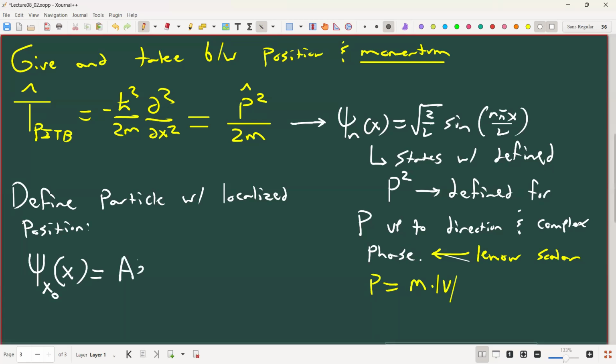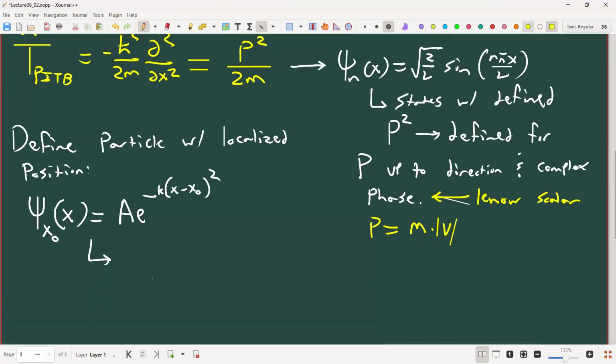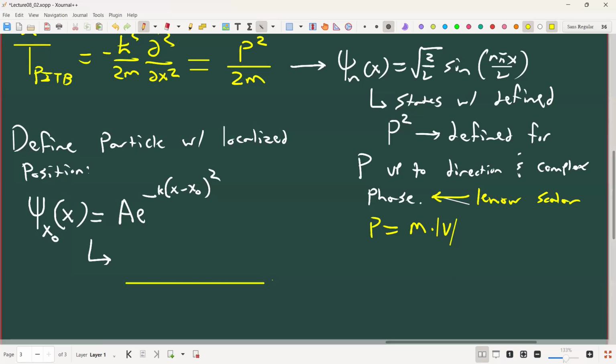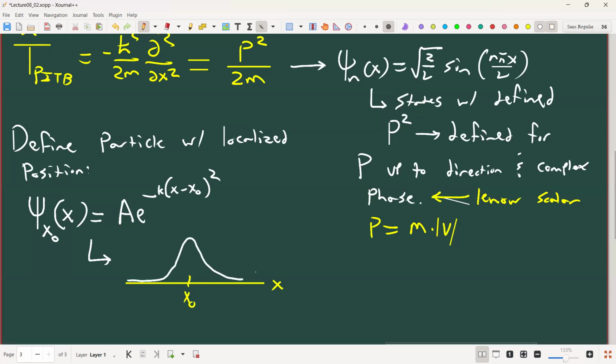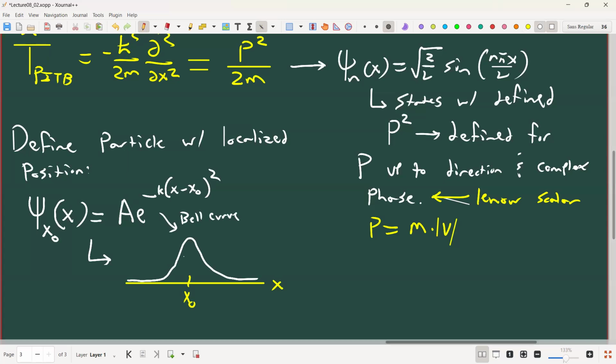It is some component A e to the minus k times (x minus x naught) squared. If I were to plot this function around x naught, it would look like a bell curve. This is a bell curve, and the width of it, delta x if you will, is on the order of 1 over the square root of k.